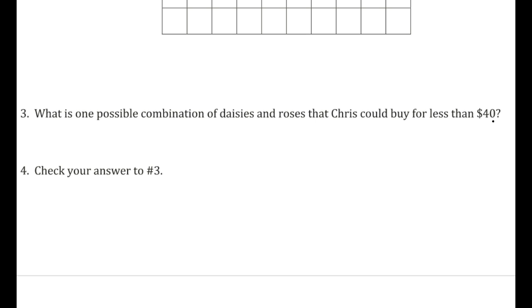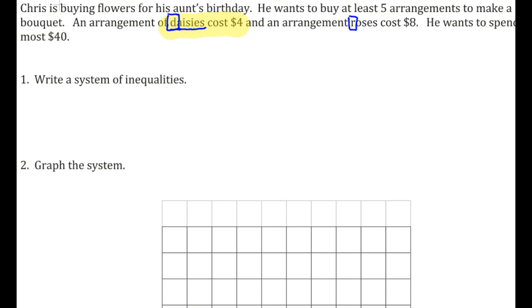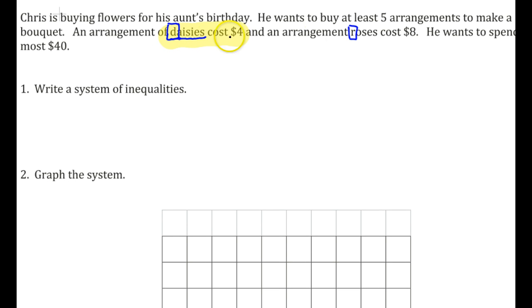Right? So from that standpoint, if you know that and you're thinking about that the whole problem, it becomes a lot easier. What's difficult is just trying to pull numbers out and to some way make inequalities without having a good sense of, well, what does it mean? So for instance here, if a daisy costs $4, right, how much does 2 daisies cost?